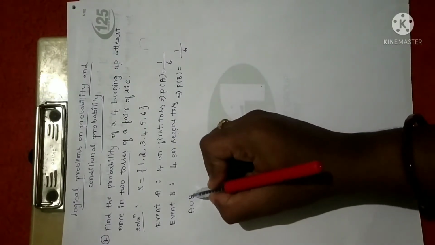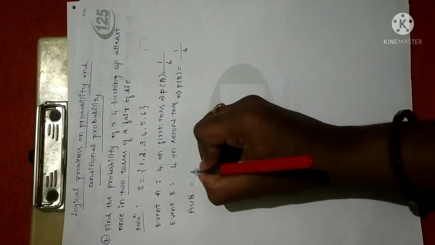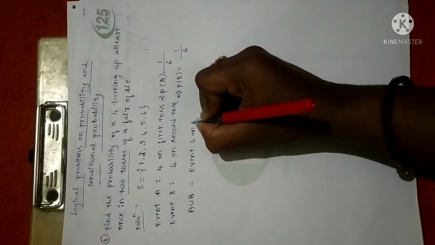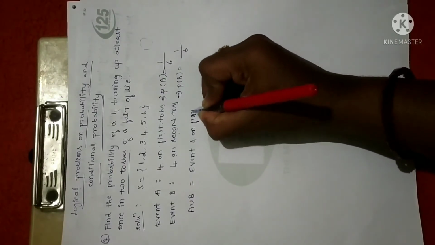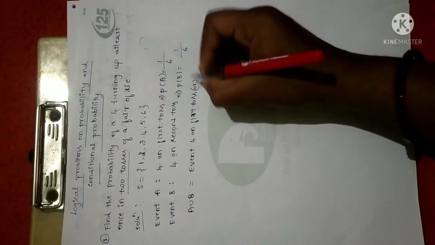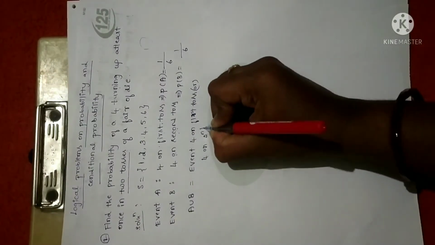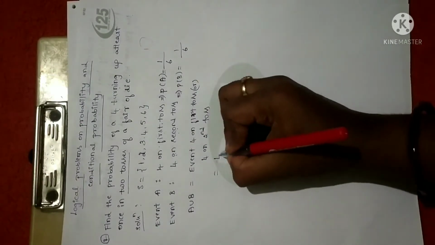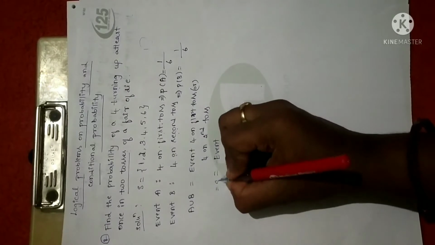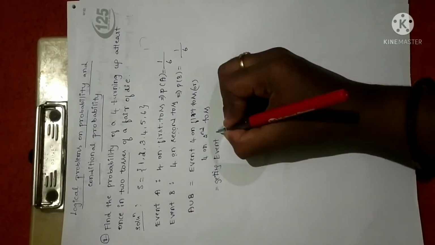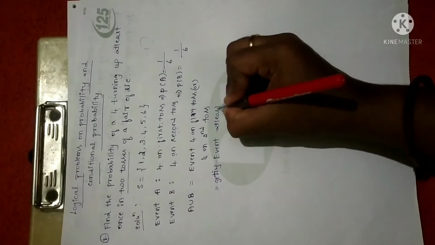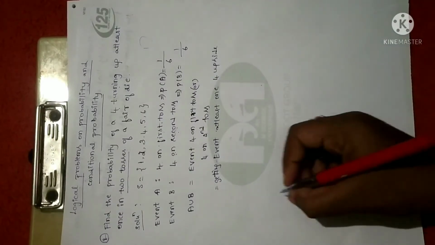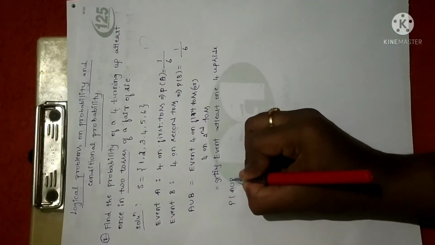So you have to find the probability of A union B. So I'll just write here A union B in the sense event 4 on first toss or 4 on second toss, which is none other than the event of at least one 4 upside, right? We have to find the probability of A union B now.